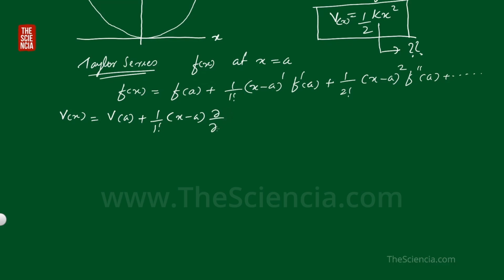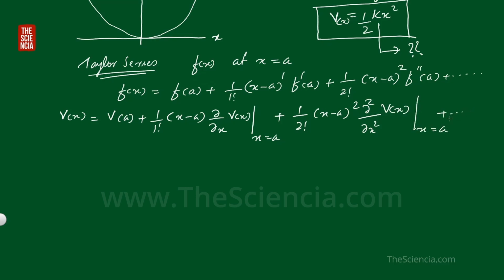that is equal to dou by dou x of V of x at x equal to a, plus 1 by 2 factorial x minus a all square into dou square by dou x square of V of x at x equal to a plus etc. And if this x equal to a is an equilibrium point, then we know from stability analysis that at that point the derivative dou V of x by dou x will be equal to 0.